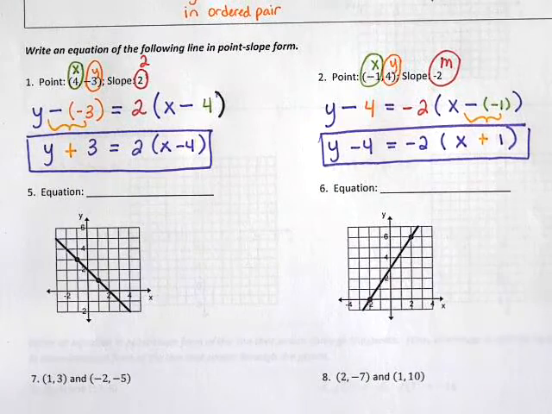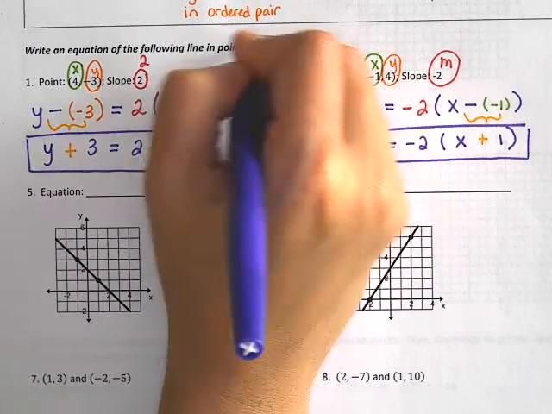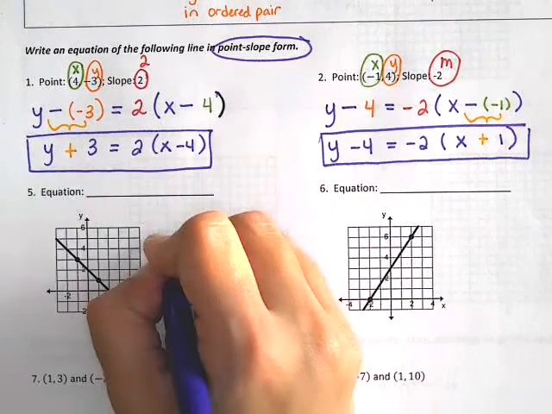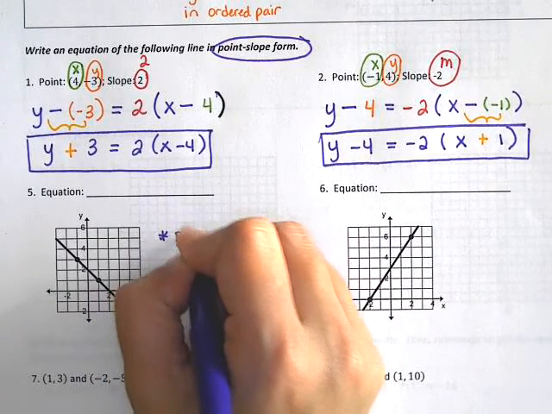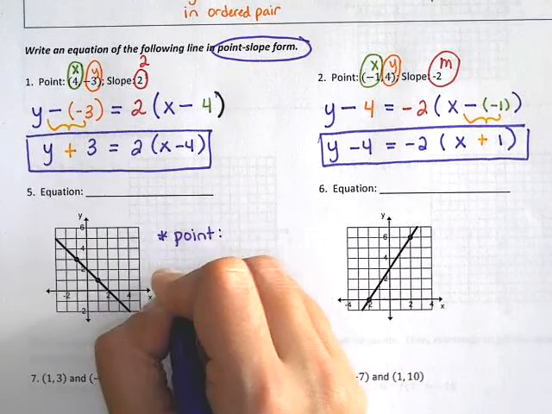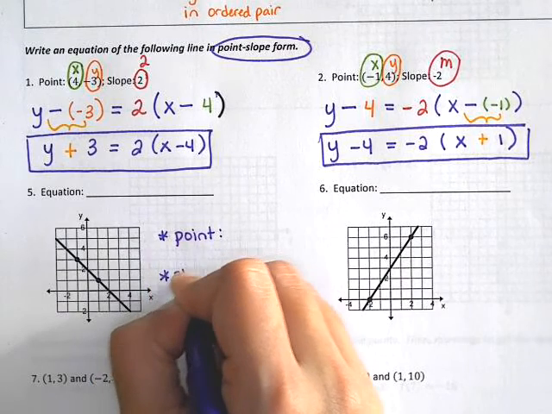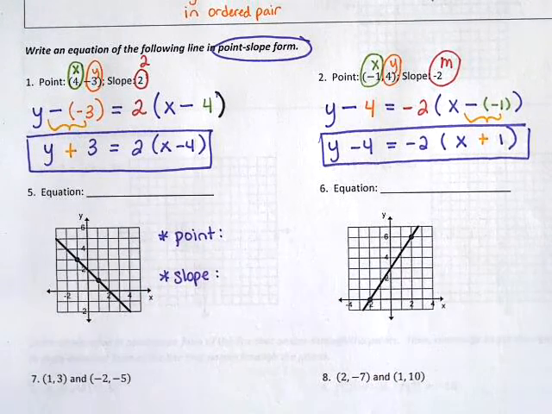For problem number 5, we're doing the exact same thing, only they gave us a graph. Now because we are using what is called point-slope form, that is your clue that you need to write down the coordinates of a point and you need to write down the slope. So let's see if we can find a point. I can see 2 available points on the graph.